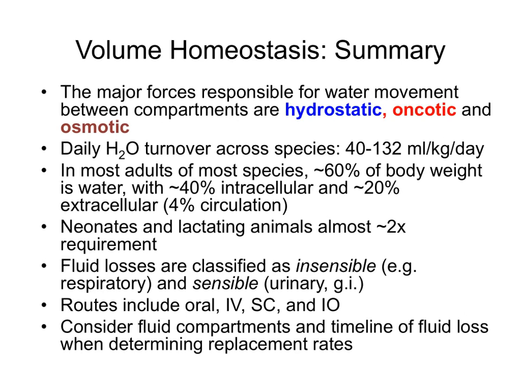And fluid losses can be classified as insensible, that is, those things like dehydration loss through the respiratory tract, or sensible, things like urine and fluid in the feces. Routes of administration include oral, IV, sub-Q, and intraosseous. And when considering your replacement rates, consider the fluid compartments that you're trying to deal with, and the timeline of the loss of the fluids.